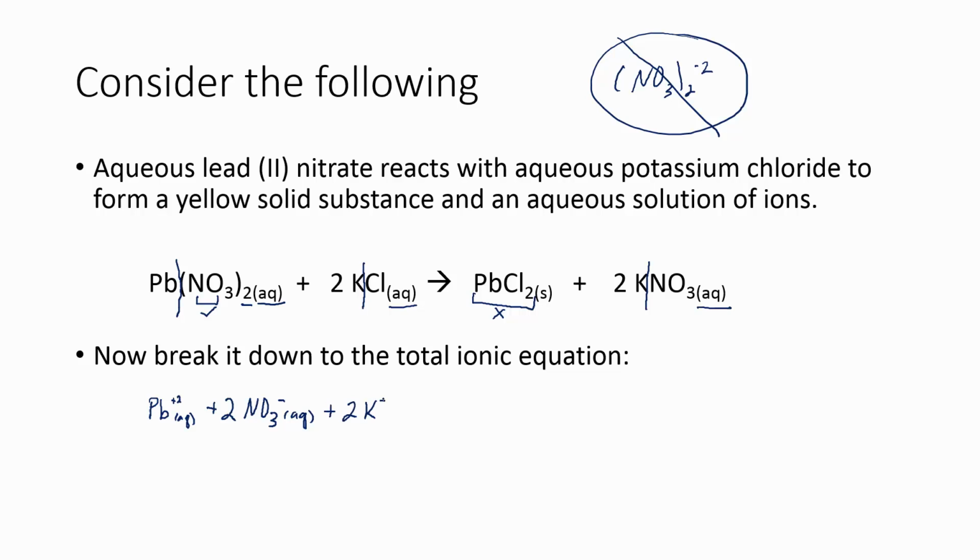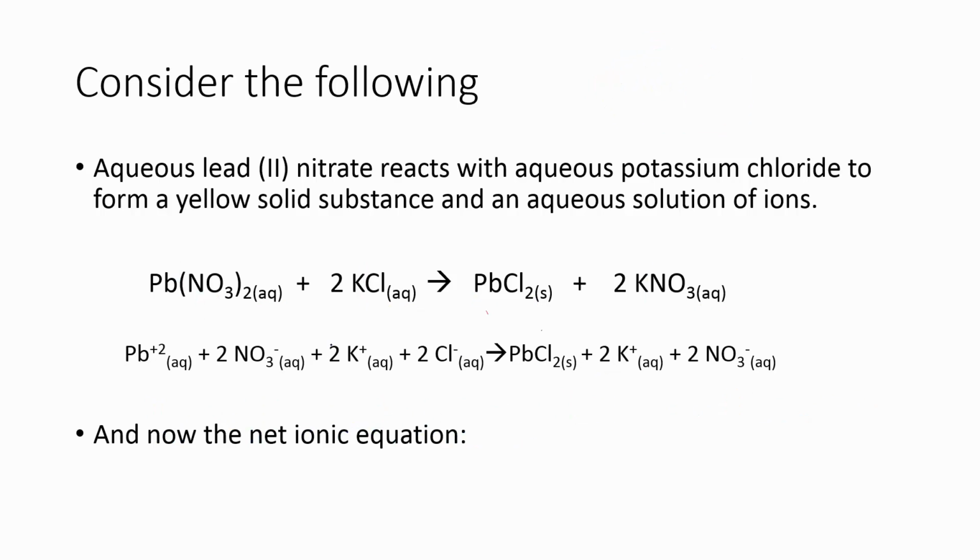We have 2 potassium ions, which are aqueous, and 2 chloride ions, which are aqueous. Sometimes you have to turn the paper sideways to do this stuff. It's so obnoxious. Right, so lead chloride solid. It's solid, so it all stays together. 2 potassium ions from this, and 2 nitrate ions, aqueous, from this, and there we go. That is our total ionic equation.